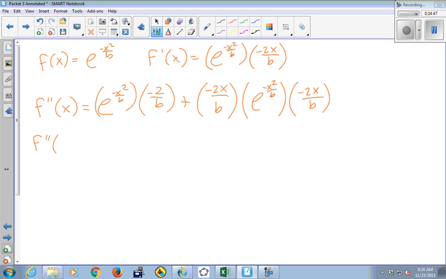So if I put in a 0 for all my x's, e to the 0 is 1, times negative 2 over b, plus negative 2 times 0 over b is 0. So it doesn't even matter what those other two values are, because I'm multiplying them by 0. And I get negative 2 over b. Remember, we're assuming b is a positive number. So negative 2 over b, positive or negative? Negative.